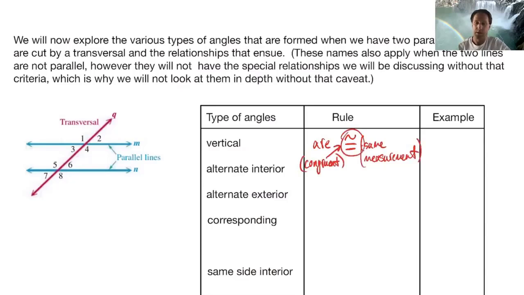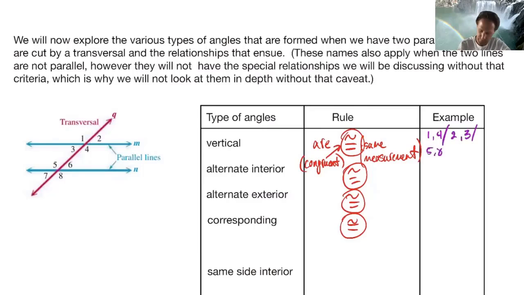The cool thing is for every single one of these first 4, that is going to be the same. So when I'm talking about congruency, I'm meaning that their measurements are the exact same, but they may not be in the exact same place. Okay, it's not the exact same angle, which is why we named it angle 1 and angle 4. Or another pair would be like 2 and 3, 5 and 8, or 6 and 7.